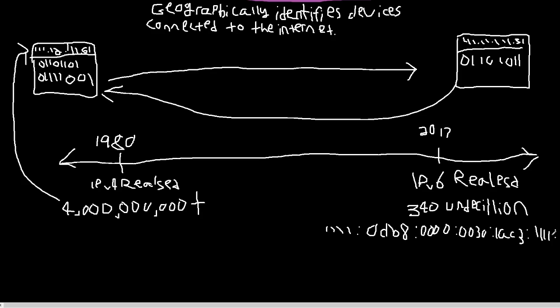So this is just 6, but there's going to be 8 of these. And then here, there's around that many, 340 undecillion, and then around 4 billion IPv4 addresses. So that's how each one is going to be written.